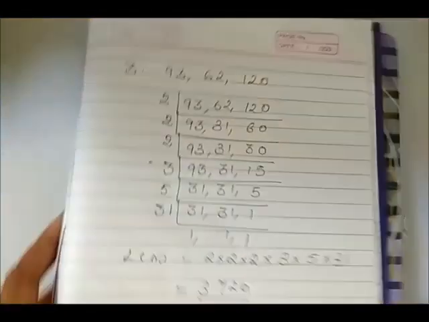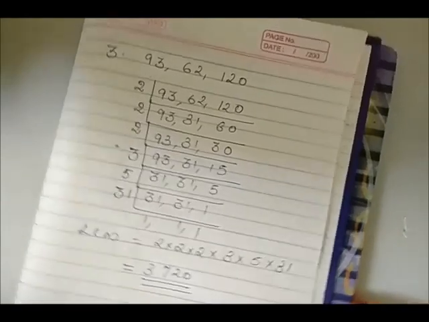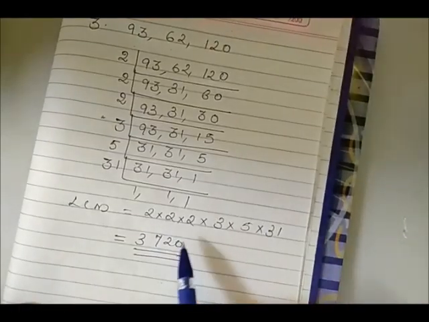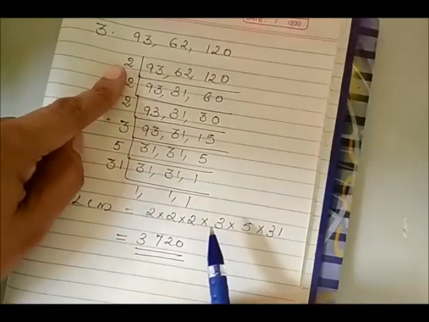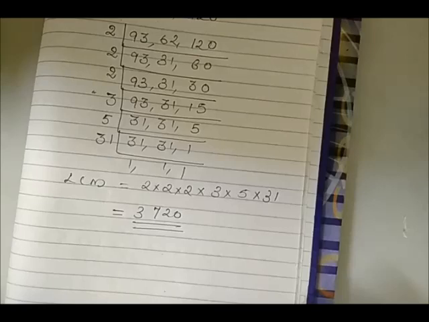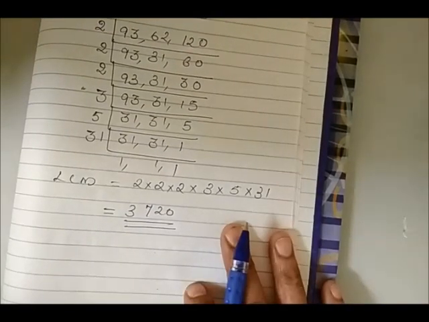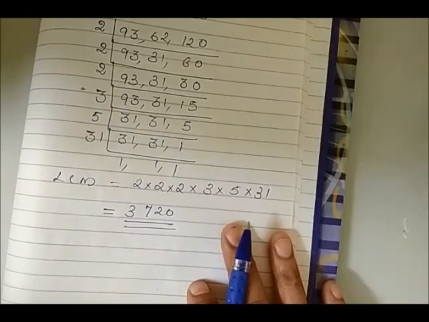Clear? This was a little bit big number, no problem. The same steps you have to follow. LCM is the product of all these numbers, 2 into 2 into 2 into 3 into 5 into 31. The answer is 3720.